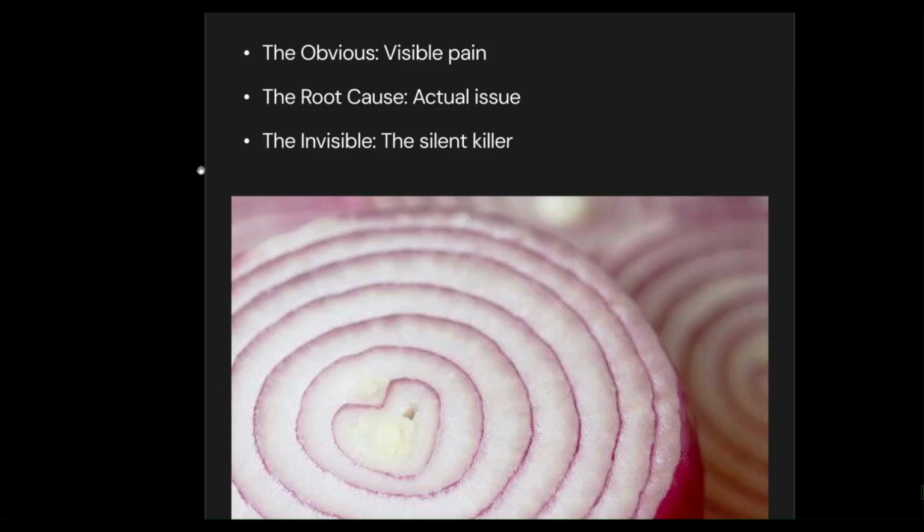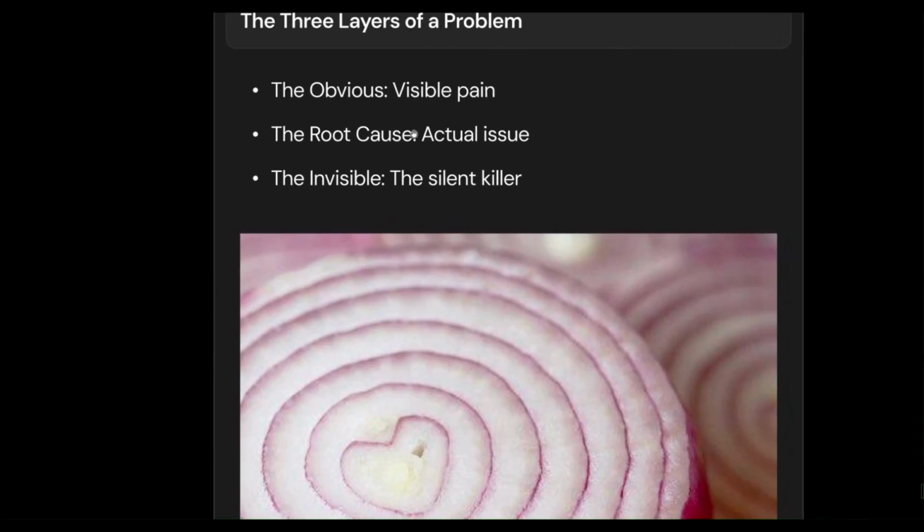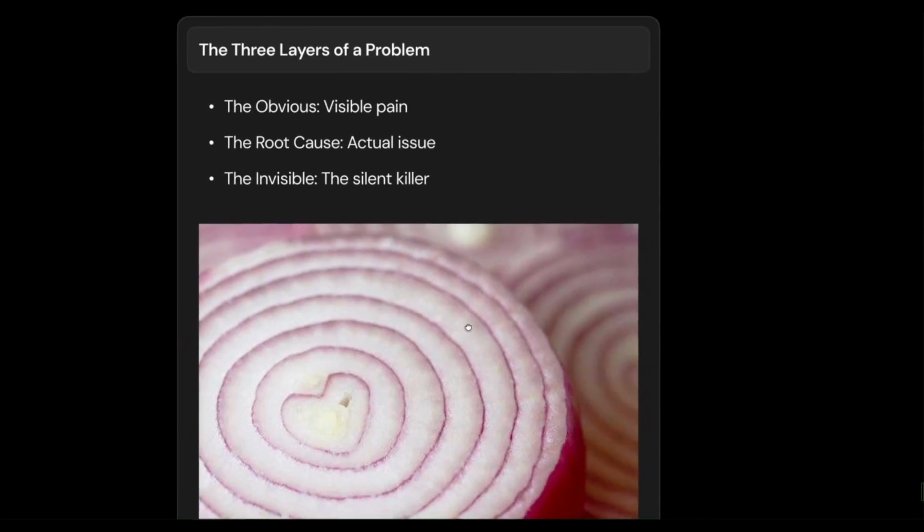This is not the actual problem, just giving you an example. Swiggy, I don't know how they pay, but yeah. So now you saw the obvious problem, you found the root cause, and then you dig deeper into the invisible layer. This is how you break down a problem.